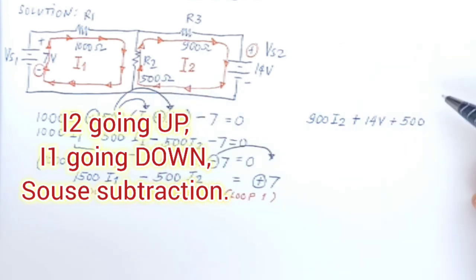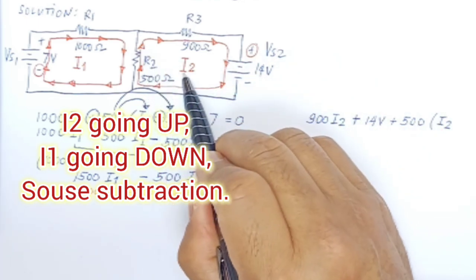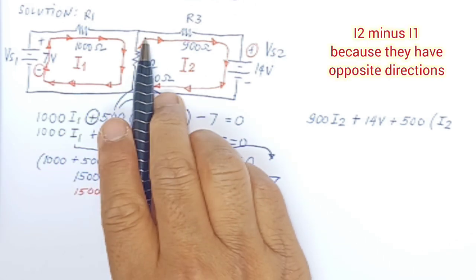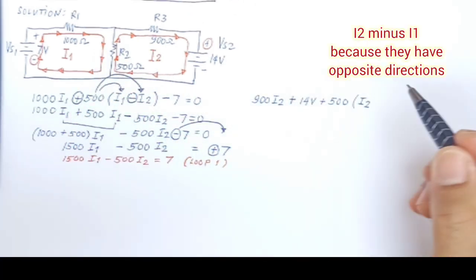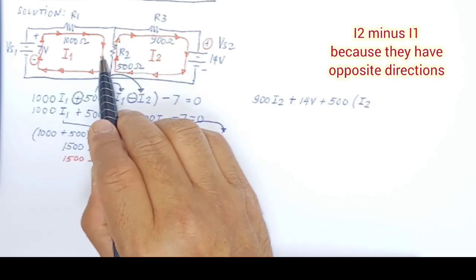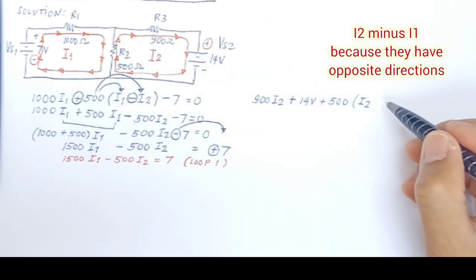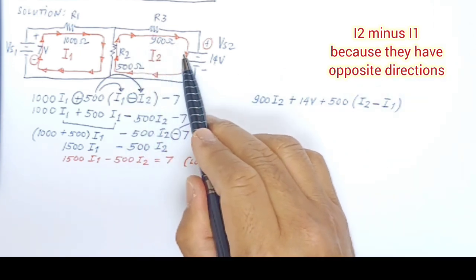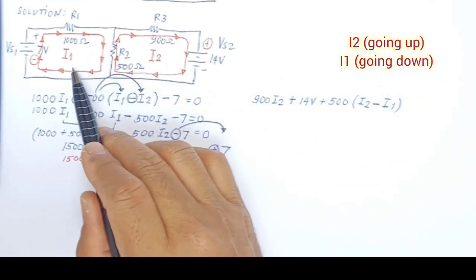But the direction of I2 is going up, and the other side is going down. So I2 minus I1, because I2 has a different direction from I1, and of course I2 will be the plus and I1 will be the minus. That's why we got I2 minus I1.